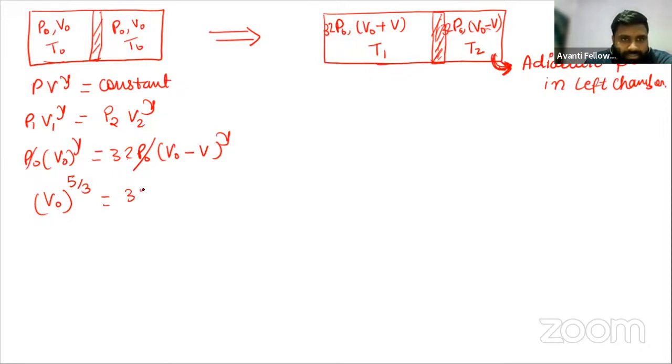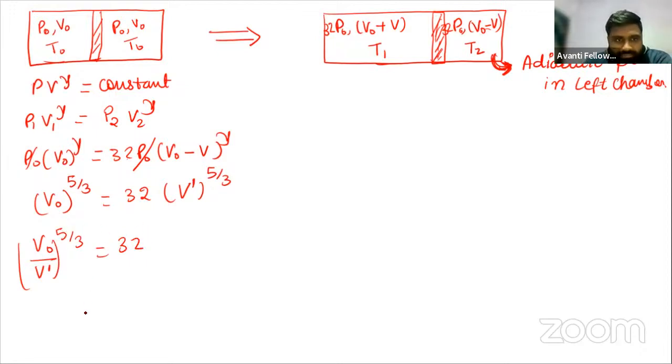Now it is 32. Instead of writing V naught minus V, we will write it as V dash, so it will be easier for us. Gamma is 5 by 3. Now you take the ratio, V naught by V dash raised to the power 5 by 3 is equal to 32. If you take the power to the other side, the power will invert.